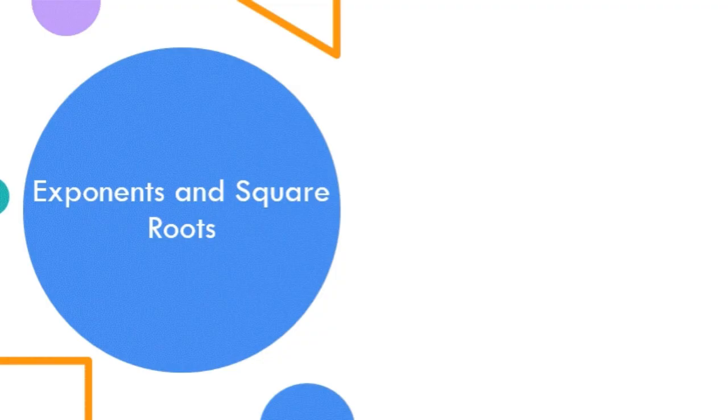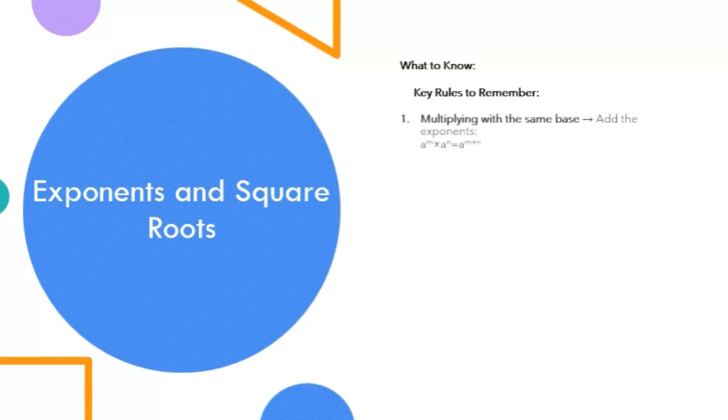Next up, let's talk about exponents and square roots. Exponents are just a shorthand way of multiplying a number by itself multiple times, and the ACT loves testing your understanding of exponent rules. Key rules to remember. 1. Multiplying with the same base, add the exponents. a^m times a^n equals a^(m+n). 2.